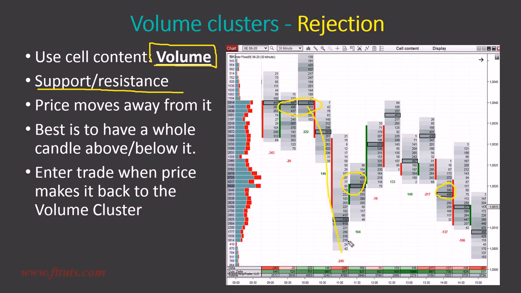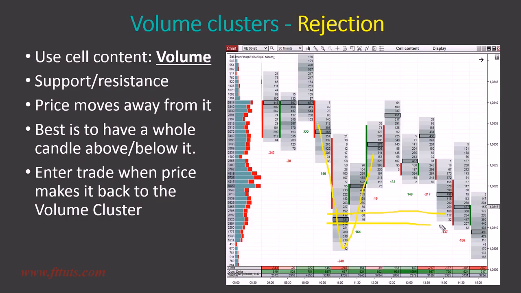So as I said, this is the rejection, and in this case, the significant volume cluster is in here, those three. That's a strong support. Now, what you want to see is the price moving away from it, as in the previous case. So there is the rejection.